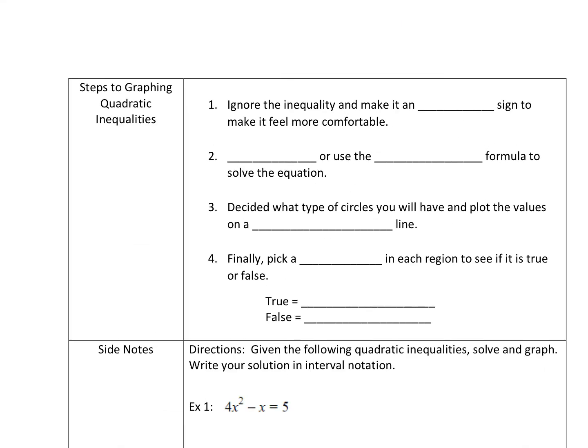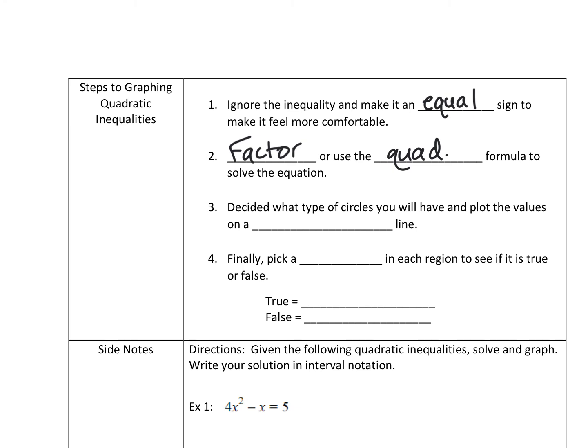How to graph quadratic inequalities. These are not hard at all. First things first. We want to ignore the inequality and make it an equal sign, just so that this looks like something we already know how to solve. After that, we factor, or we use the quadratic formula if we have to, and solve it.